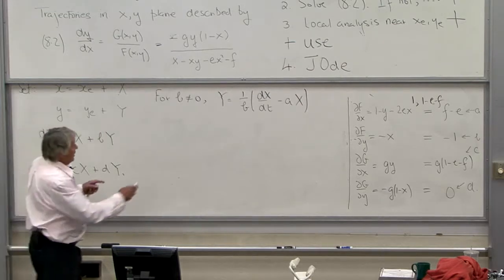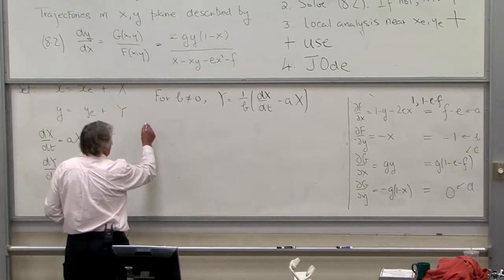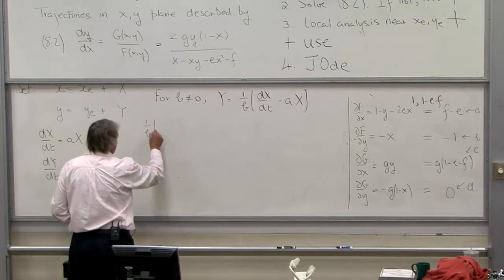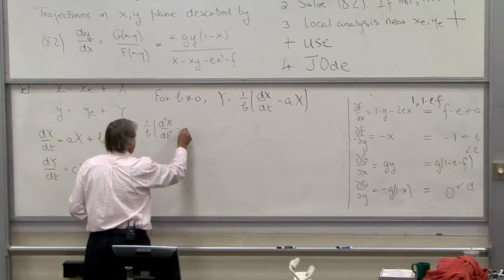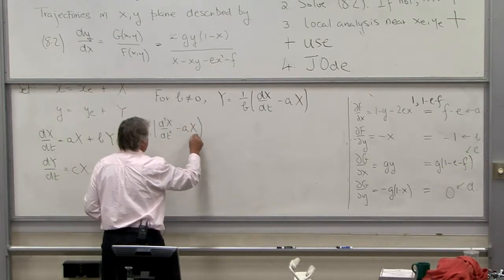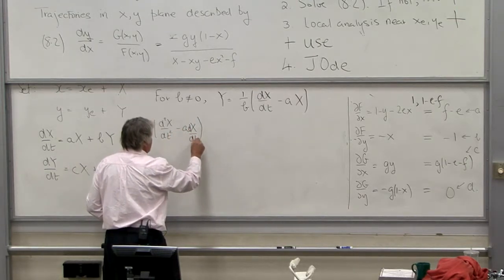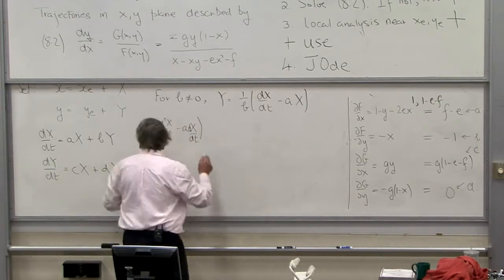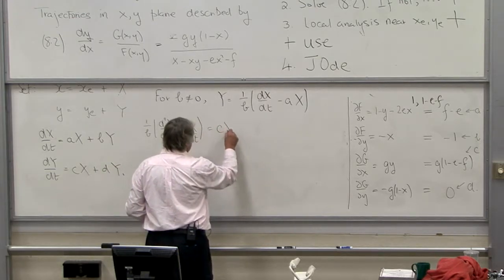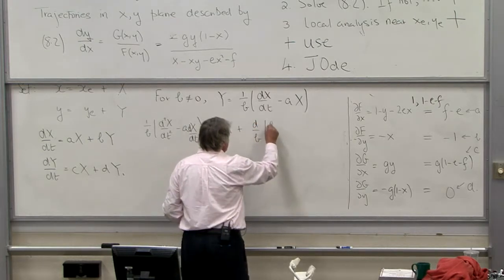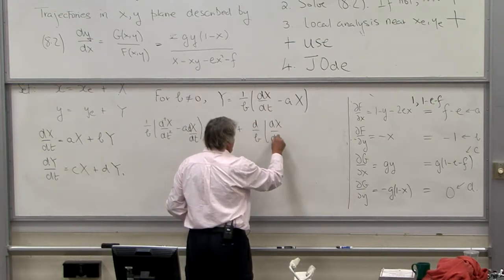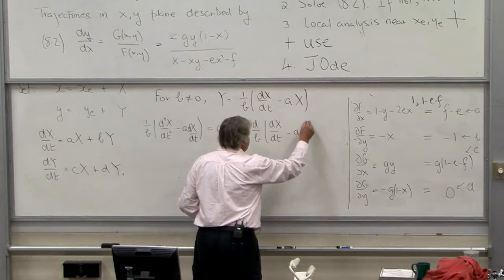Okay, so y is this, shove this in, dy by dt, so I have 1 over b d2x by dt squared minus a dx by dt, because I'm taking dy by dt, then that's equal to cx plus d over b dx by dt minus ax.